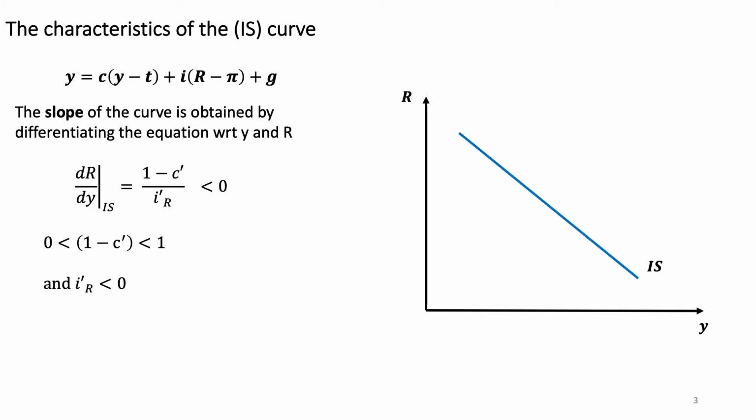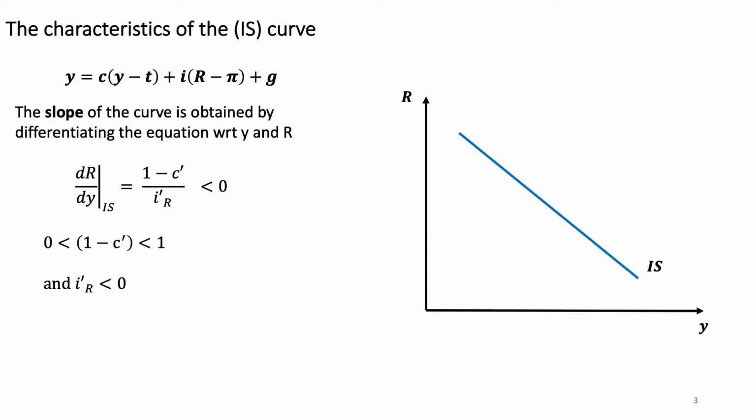We find the coefficient (1 minus c prime) over I prime r, and we know that 1 minus c prime is the marginal propensity to save, which is positive. And we know also that I prime r is the sensitivity of the investment to the interest rate, which is negative.